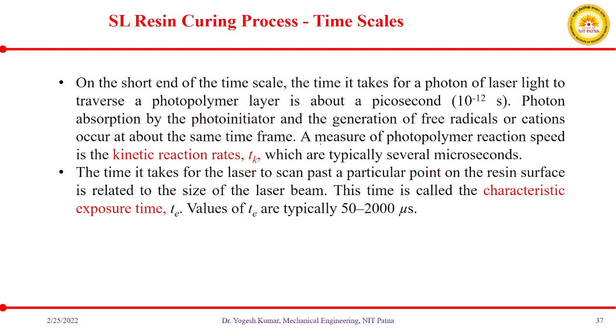A measure of photopolymer reaction speed is the kinetic reaction rate Tk, which is typically several microseconds. The time it takes for the laser to scan past a particular point on the resin surface is related to the size of your laser beam. The time is called the characteristic exposure TE. Values of TE are typically 50 to 2000 microseconds.